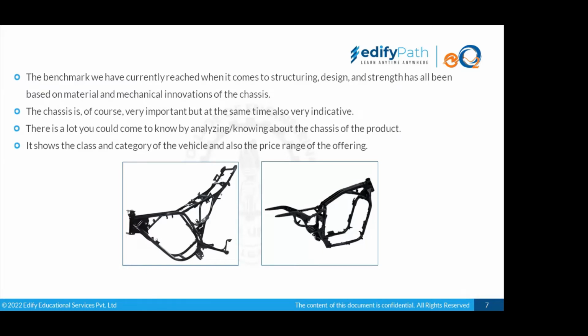But since we are discussing it now, next time when you are visiting or want to buy an electric vehicle, you should analyze the chassis of that vehicle also. If any OEM is giving you a very good chassis, it means he has done very good internal research.